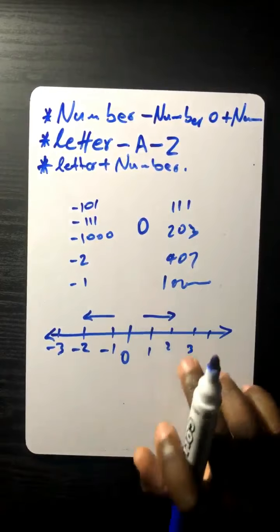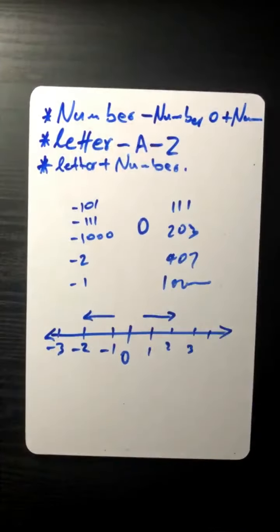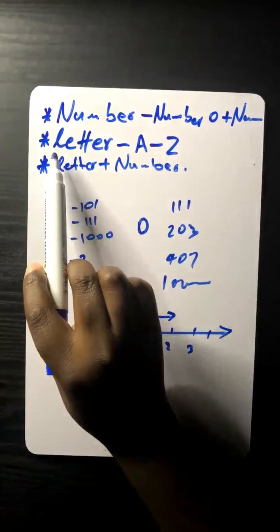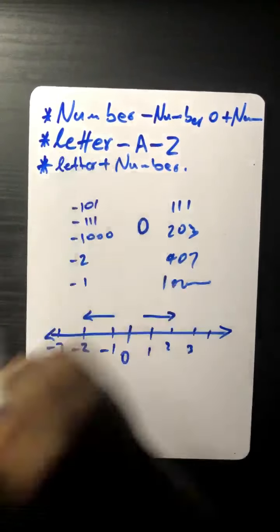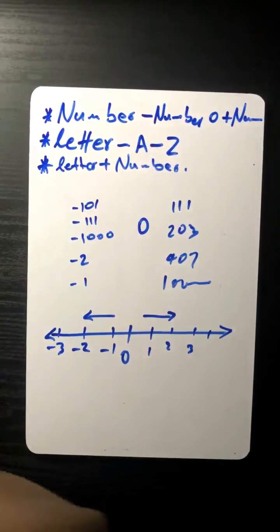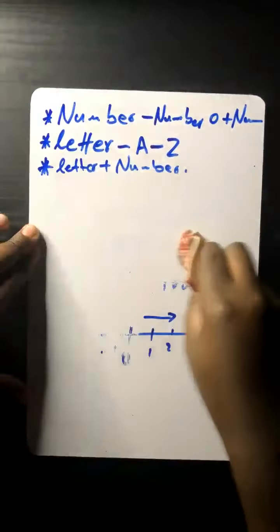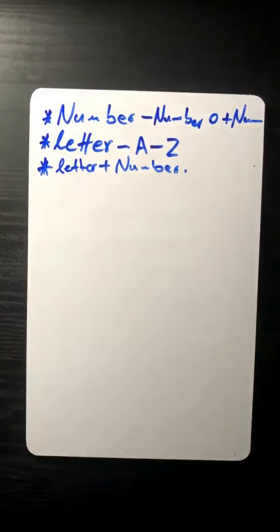So Shreyas, what I've explained with regard to the numbers, do you get me on that one? Yes, sir. And then what I've explained with regards to letters, do you get me on that? Yes, sir. Okay, great. So now I'm going to remove all of this and give you some examples.